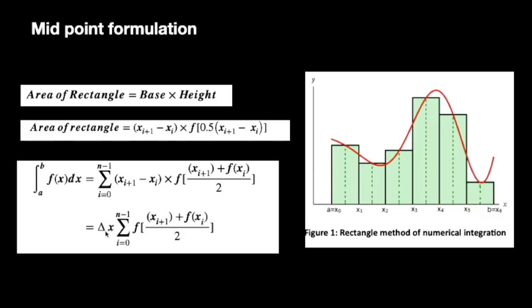So how many calculations do you need to do in order to calculate this integral? Let me revise it once again. First calculation is you have to calculate dx, that is the width of each strip.